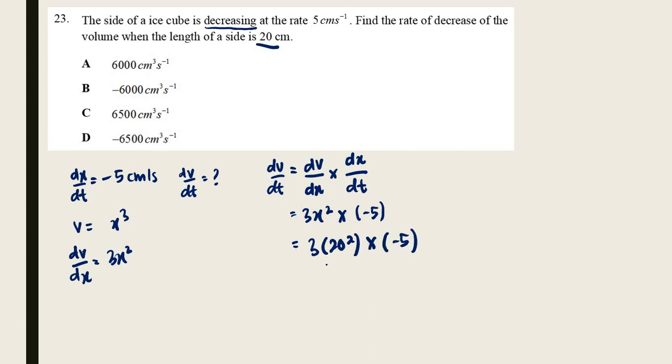Just use a calculator, and you're going to get that the value for dv dt is equals to negative 6,000 cm cube per second. So that is answer B for question number 23.